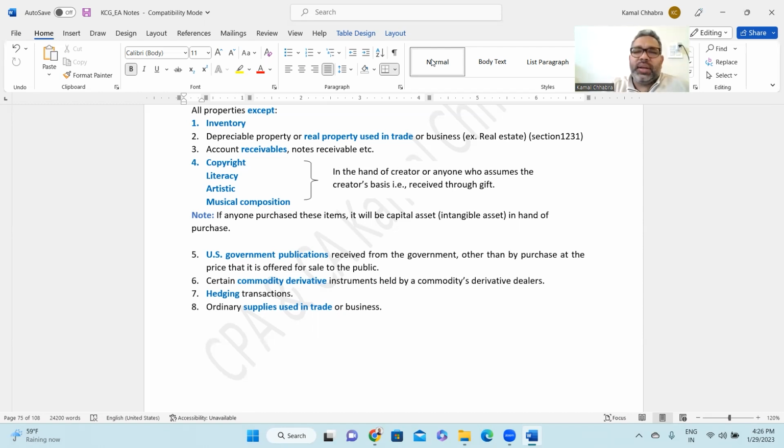Generally, your fixed assets, like Mayank, which we were discussing earlier, are considered capital assets. But your inventory, your accounts receivable, your notes receivable, or your government bonds, derivatives, hedging transactions, normal routine supply for the business would not be considered capital property, capital assets. Make sense?